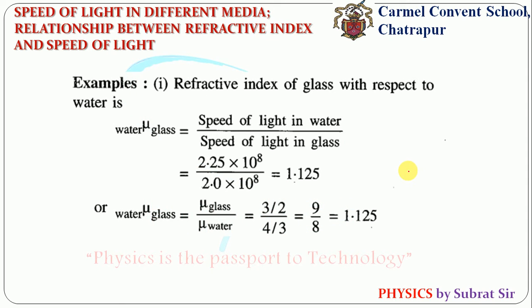some examples. If the refractive index of glass with respect to water has to be calculated, what will you do? Water mu glass means speed of light in water divided by speed of light in glass, which equals 2.25 multiplied by 10 to the 8 divided by 2.0 times 10 to the 8. So it will give you 1.125.